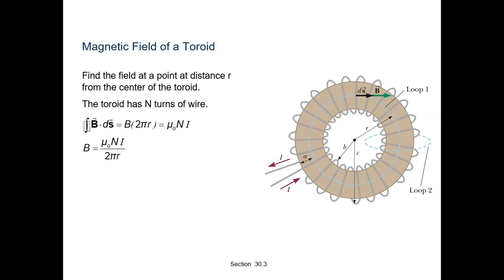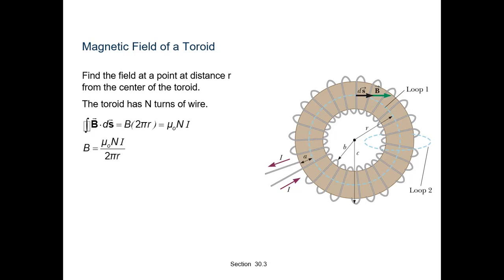This shows the sectional view of the toroid. The direction of the magnetic field inside is clockwise as per the right hand thumb rule for the circular loop.